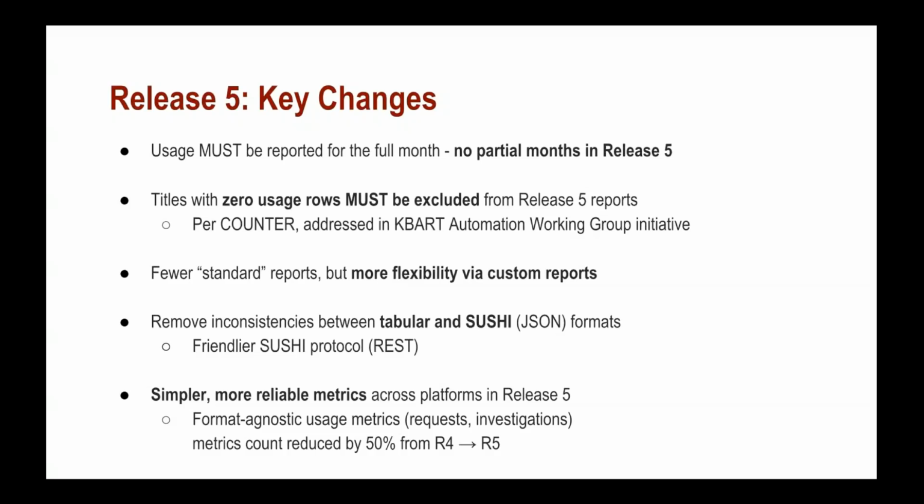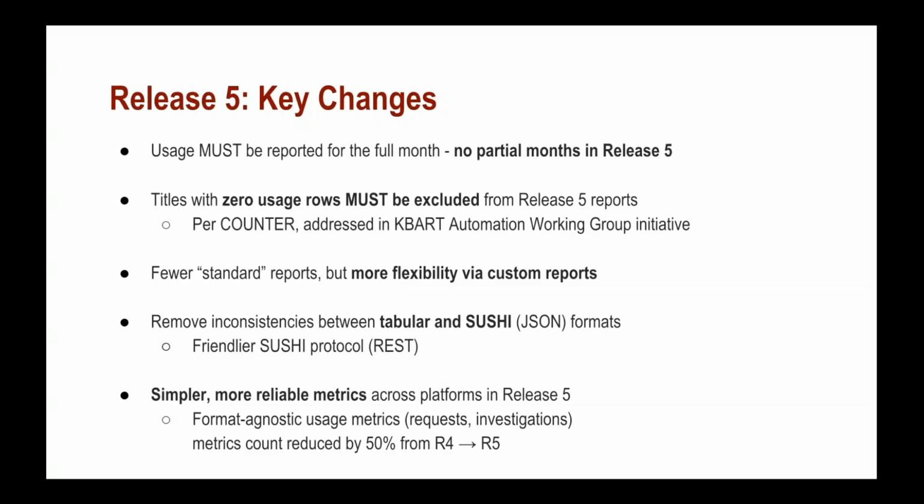As Lorraine went over in her introduction today, there is a really format agnostic approach to usage metrics now. So as an example, what would be PDF and HTML full text views in Release 4 are now rolled into a single metric, item requests.